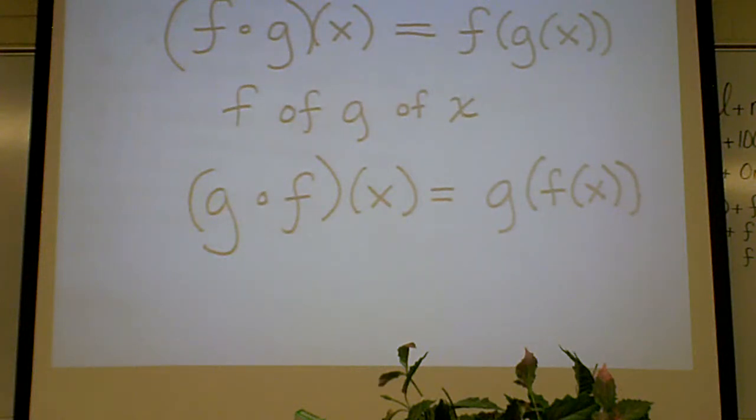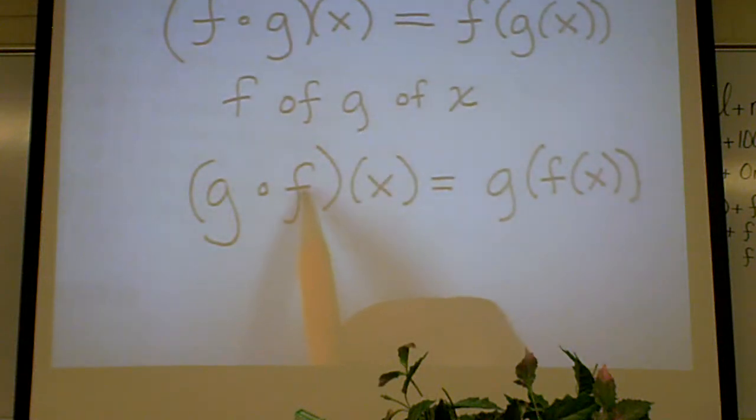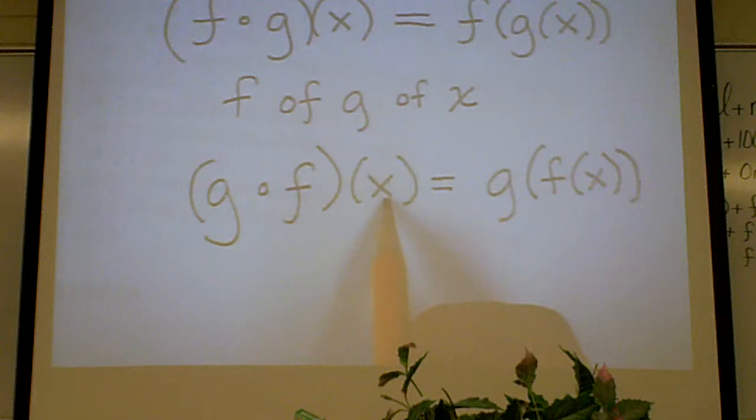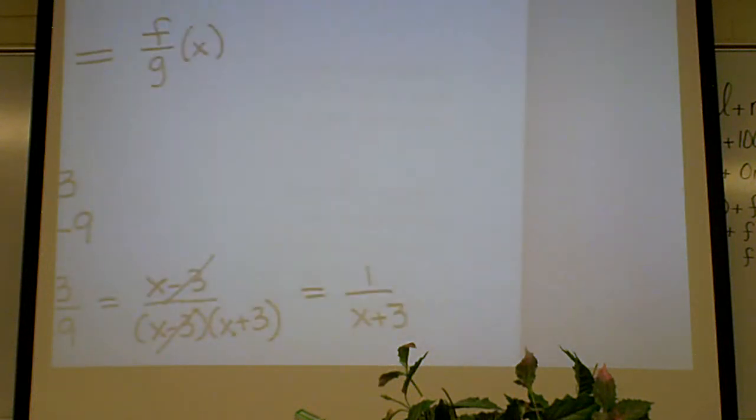You plug that number into the function that's closest to this letter. So in this one, you'd plug whatever you have here into f. Evaluate it. Then you take your output and plug it into your g function. Very simple.